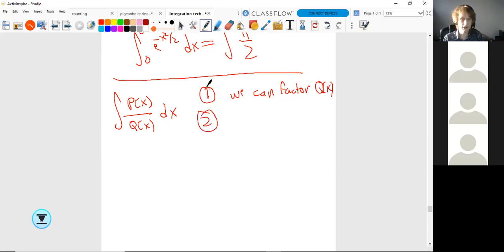And the second assumption, which isn't really an assumption we have to make, is that the degree of p of x is less than or equal to the degree of q of x.